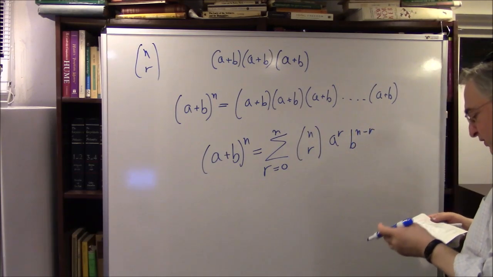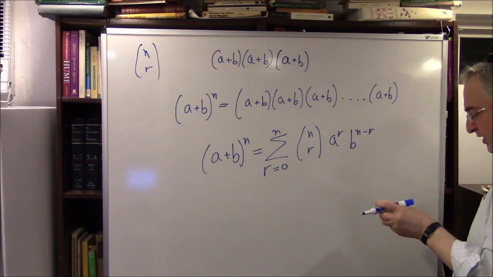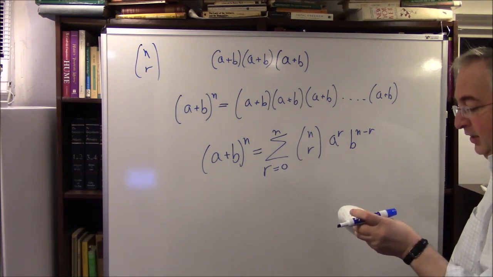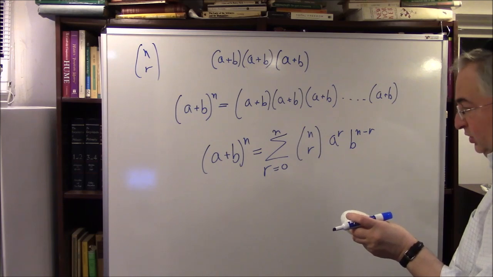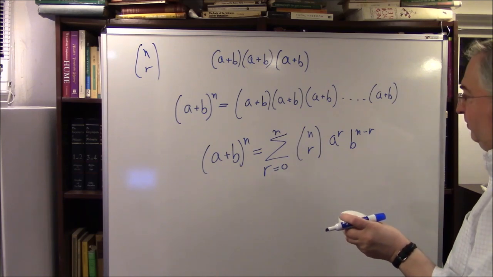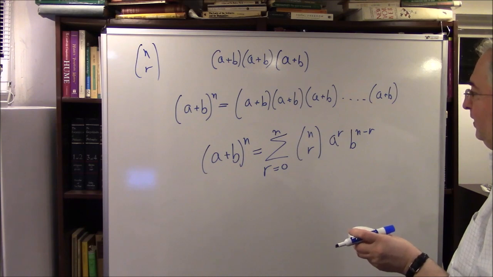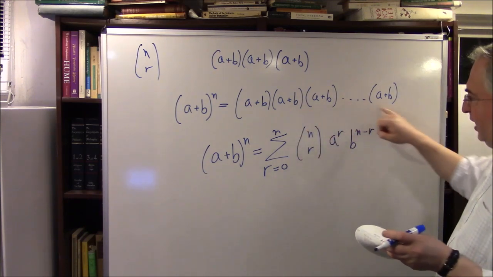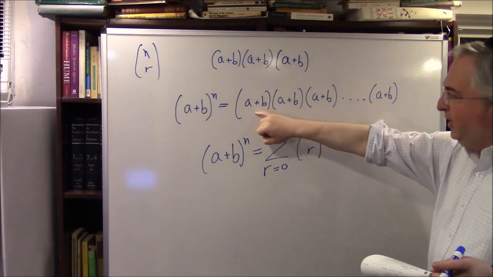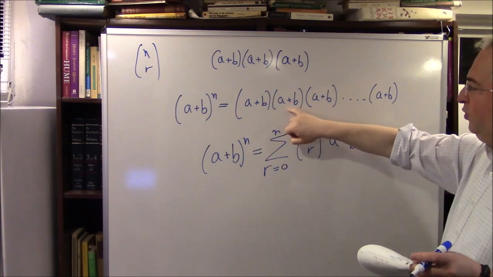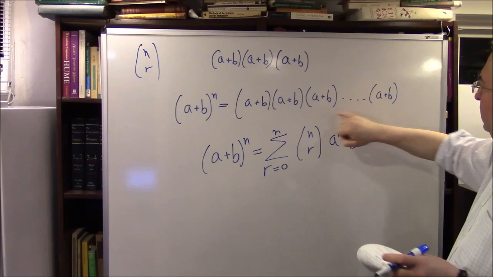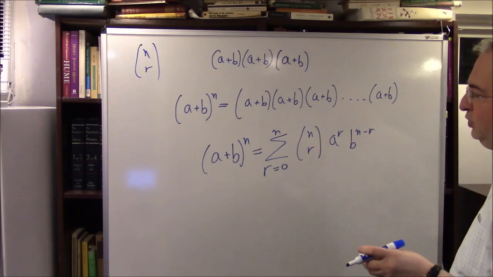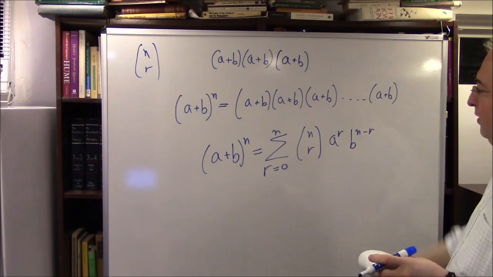You're going to see this again a little later when we do Pascal's triangle, but let's actually do an example. It's a clever little thing. It's just counting. You have to choose an A or B here, an A or B here, an A or B here, and an A or B here. This is how many times you're choosing A, r A's.